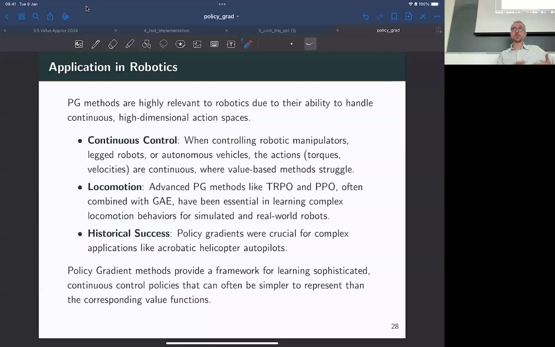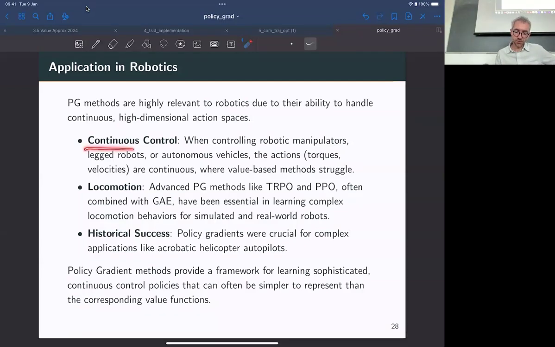Nowadays, with very powerful GPUs, people don't care about efficiency because they can attack it with brute force, parallelizing a lot and collecting lots of samples in parallel. In the end, you can train your policy in a matter of minutes, or hours if it's more complex.